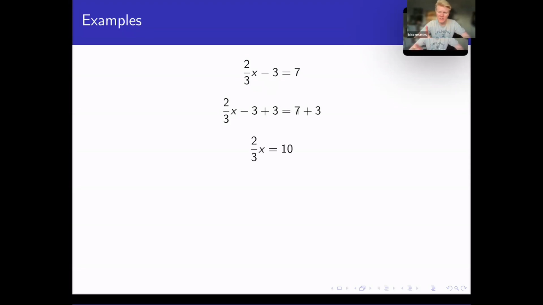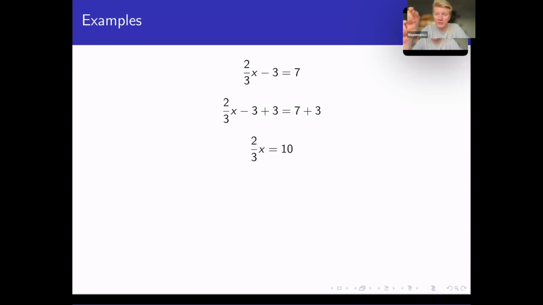And now we run into a slight problem, because all the other ones that we've had, we would divide by like 5 or negative 10. But now we have 2/3 and we would want to divide by 2/3. But don't forget that dividing by fractions is keep, change, flip. And we kind of saw that keep, change, flip can be a lot of work sometimes. Instead, let's jump right to a better, more efficient way of thinking about this.